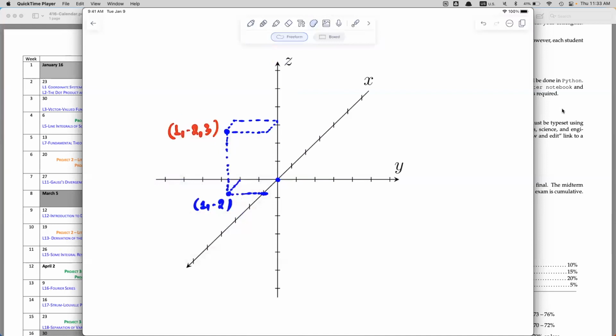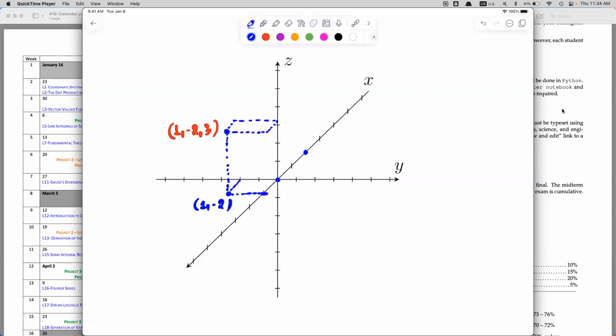1b, you need to plot the point -2, 3, and -5. Again, from the origin, you go out in the x direction until you get x equal to -2. So x equal to -2 is right here, right? All right. And from there, you move parallel to the y-axis until you get to positive 3.